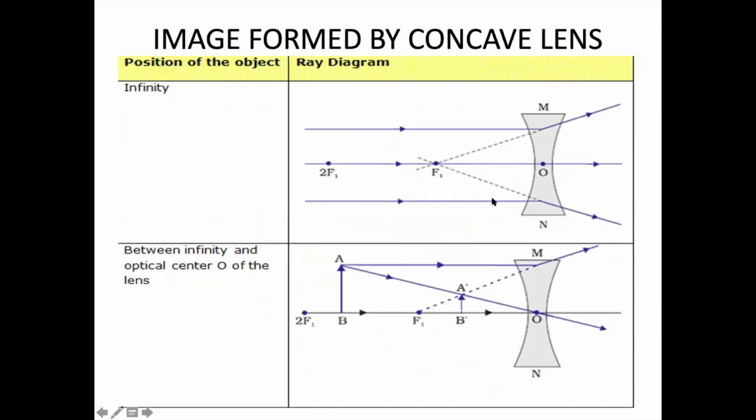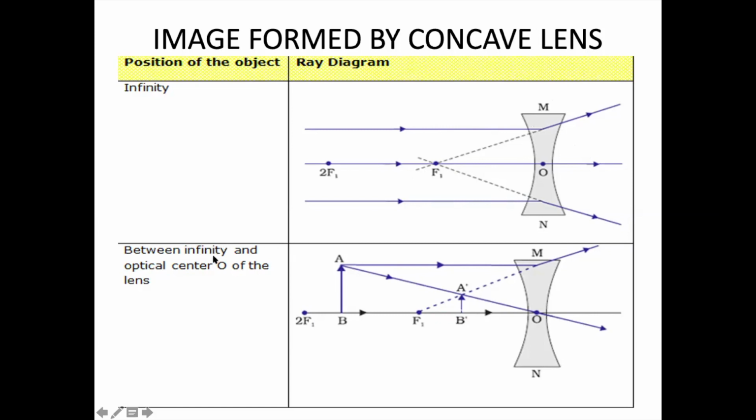How is the image formed here? Only one type of image is formed, and the image is virtual and always small. These are the parallel rays coming to it. They diverge, and the diverging rays appear to meet at the focus. So this is when the object is at infinity.